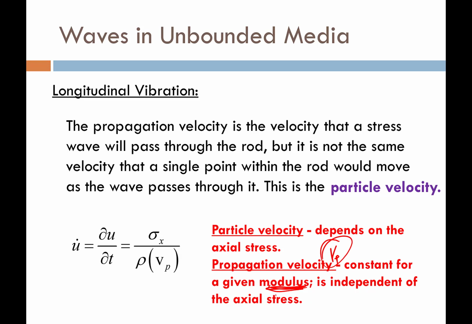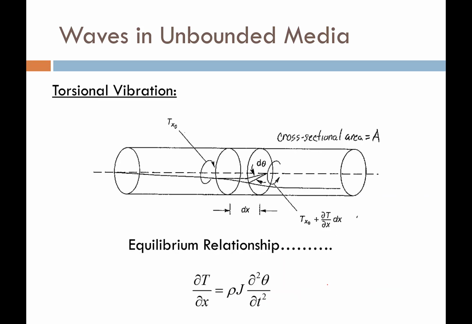And the only way to change it is if I change either the mass of the rod or I change the constrained modulus. So understanding the difference between particle velocity and propagation velocity, that's conceptually important to understanding how to use the wave equation. Okay, so that was the first scenario, hitting the end of my rod with a hammer.